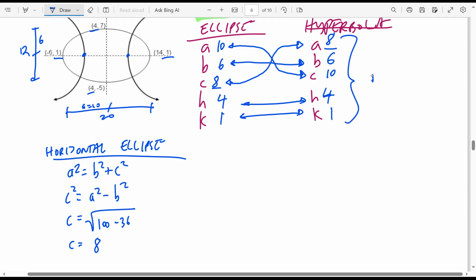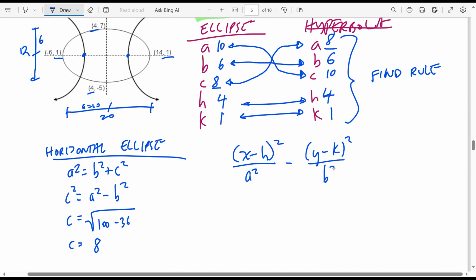So at the end of it, we're going to take all of this information and then write out the rule. Find the rule. So the format of it is (x minus h) squared over a squared minus (y minus k) squared over b squared is equal to a positive 1, because it's left and right.